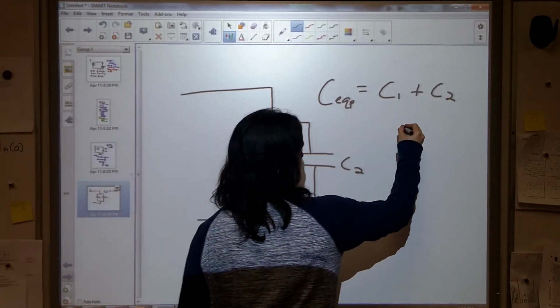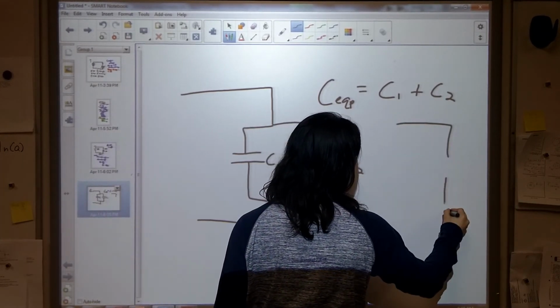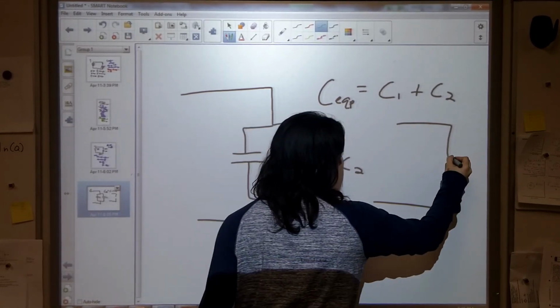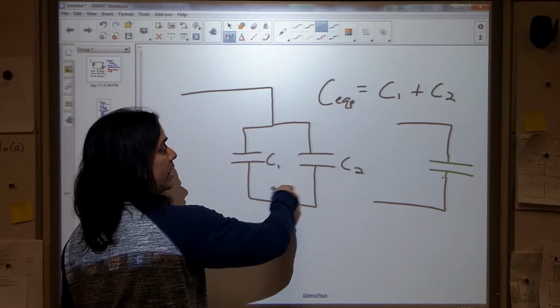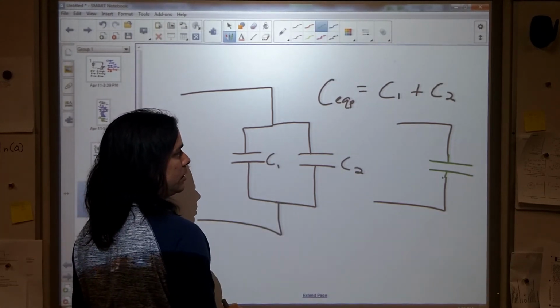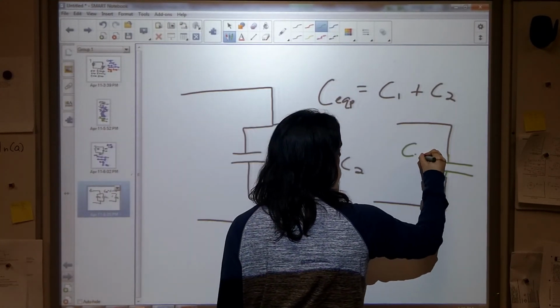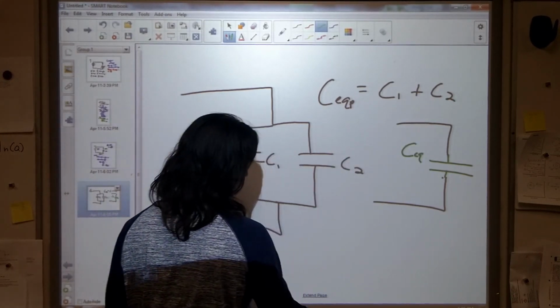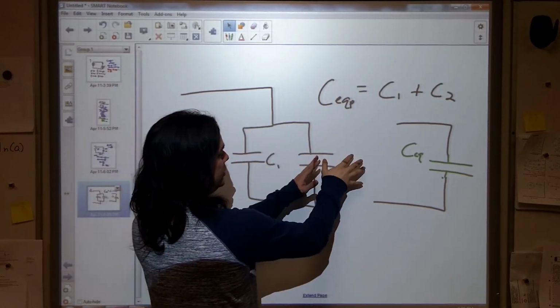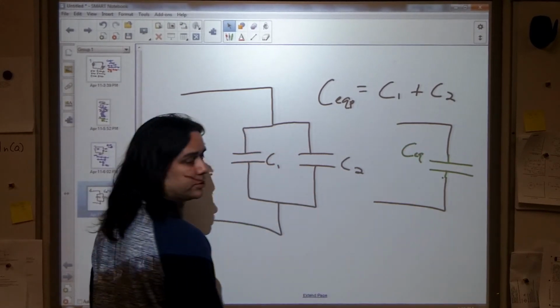We could redraw this with the equivalent capacitance. In the way that I do in class, we would have an imaginary capacitor that would act exactly the same as these two combined, and its capacitance, CEQ, because they're parallel, would be those two added together. This is 3 farads, and this is 10 farads. This would be 13 farad.